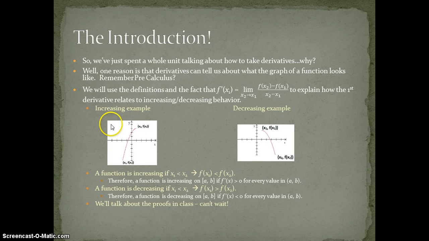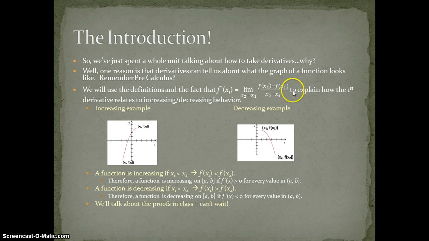First of all, if you remember, an increasing function is one where the function values are getting higher as the x values increase. So our formal definition will be that if x sub 1 is less than x sub 2, then f of x sub 1 is less than f of x sub 2.